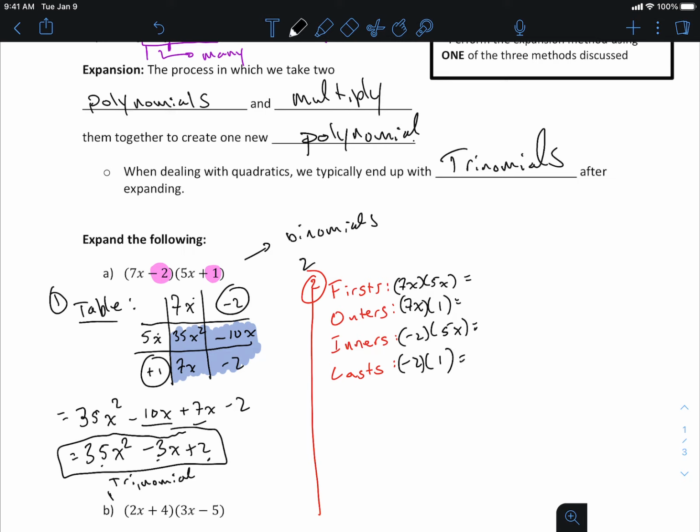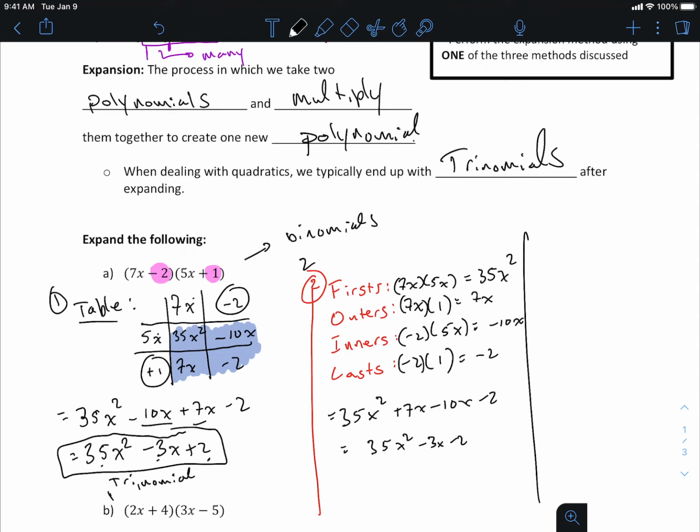Now you just do the multiplication of that. So you get 35x squared again, 7x, negative 10x, negative 2. Add them all together again. Same answer.